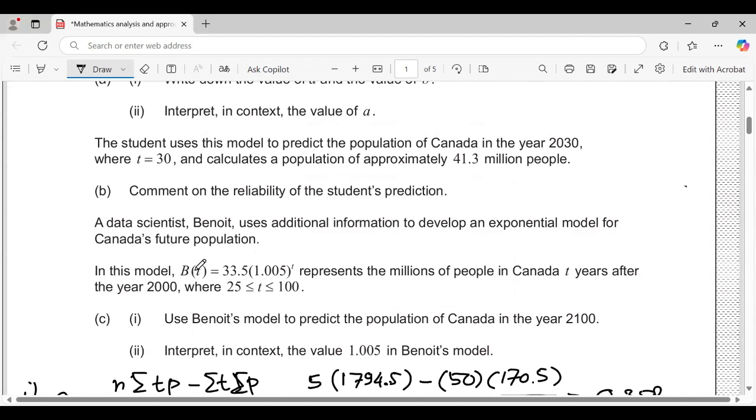In this model, B(T) equals 33.5 times 1.005 to the power T represents the millions of people in Canada T years after the year 2000, where T is in the interval 25 to 100. Use Benoit's model to predict the populations of Canada in the year 2100. After that, interpret.